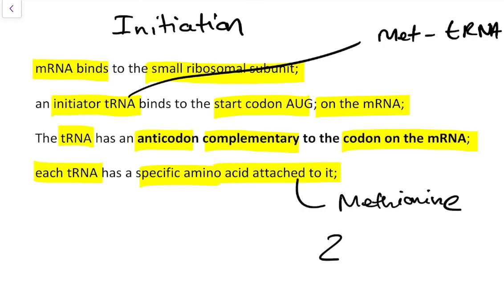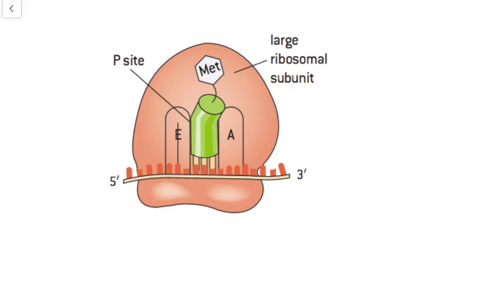But we have 20 different amino acids that we could be giving the code for on the codon on the mRNA. The next step is that the large ribosomal subunit comes in and binds, and now we've got the complete ribosome. You can see there are some different sites that we've labeled here.